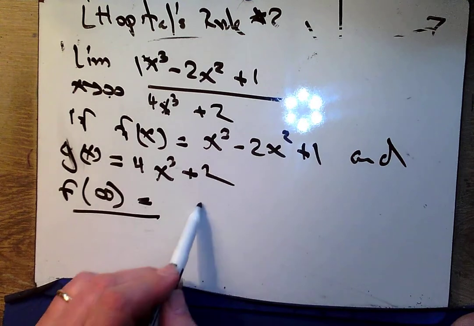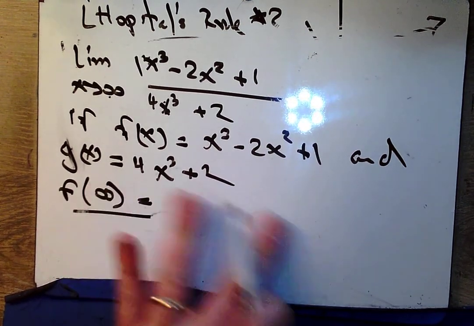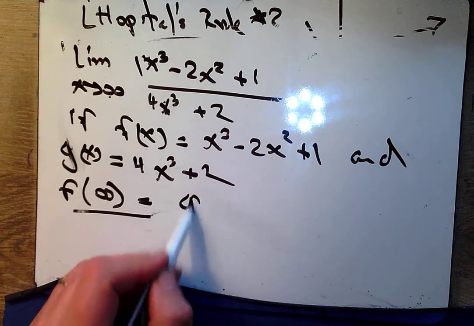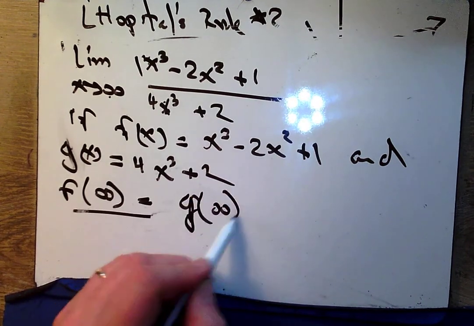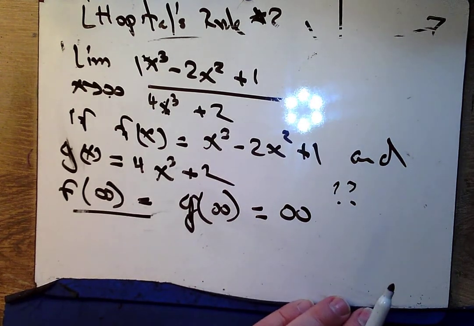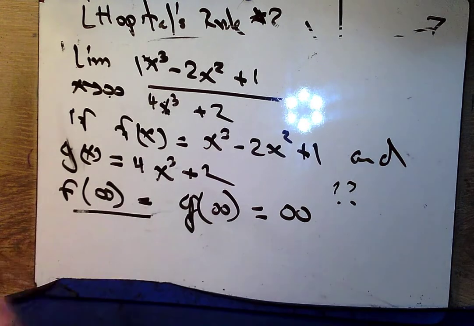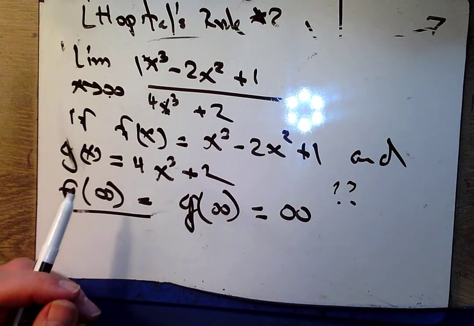Whoa. Yeah, I'm kind of sad face about that, because I think I'm going to say g of infinity equals infinity. That's not quite that line we were talking about, huh? But we know that infinity over infinity is okay.